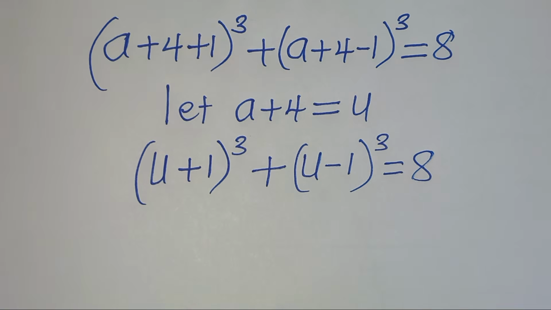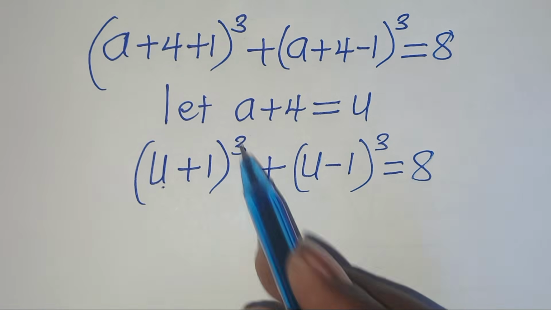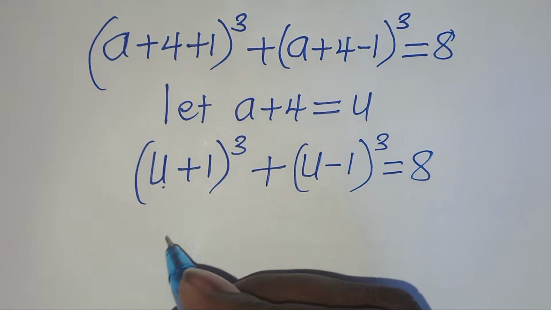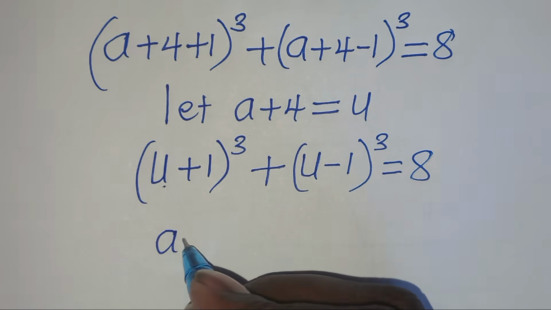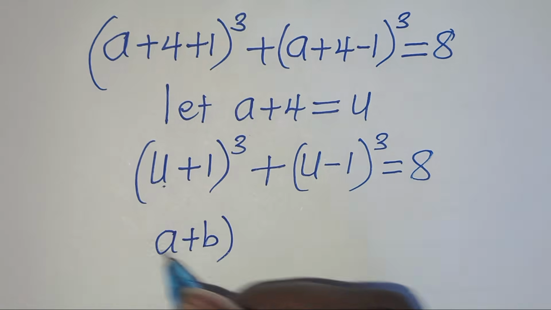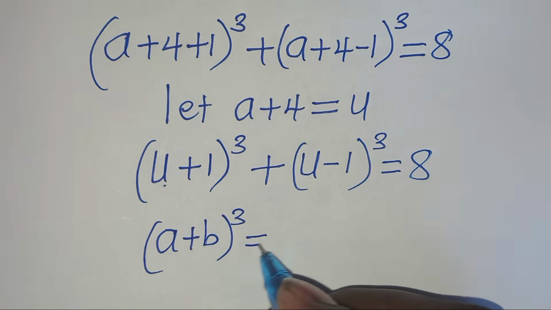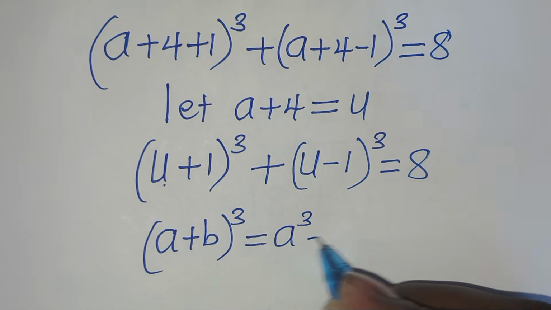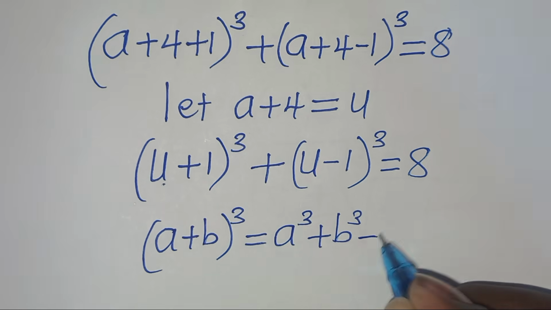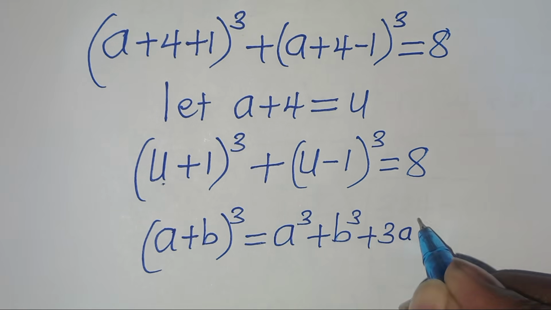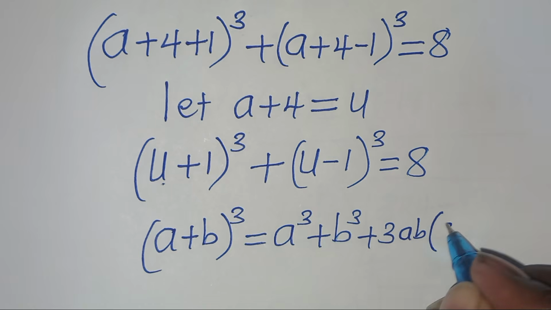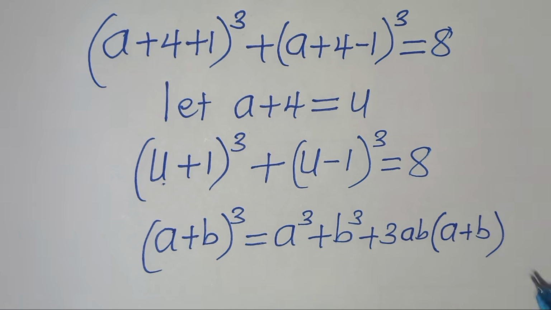Now the next step is that we have (u plus 1) to the power of 3. This is in the form of (a plus b) raised to the power of 3, which we can express as a to the power of 3 plus b to the power of 3 plus 3 times ab into the parentheses, a plus b.